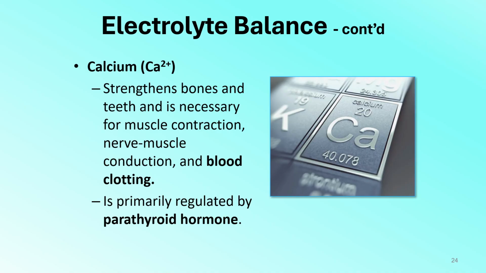Another bit of a repetitive slide on calcium. Calcium is very important for enzymatic function. It's a very important signaling molecule, particularly in muscles, cardiac and skeletal muscle. It's important as a cofactor for enzymatic function, primarily regulated by this hormone called the parathyroid hormone.